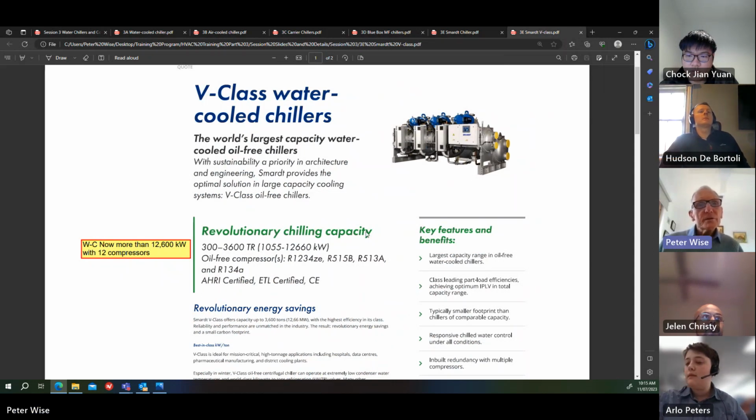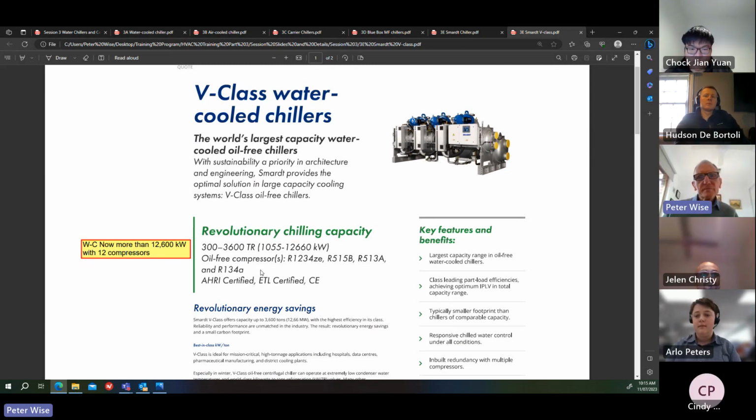Well, I was interested to see this morning, I don't know how long this has been around, but you can now get up to 12,660 kilowatts, and I'm assuming that is 12 compressors of 300 tons each, or about 1,000 kilowatts each. So they're just developing all the time. Various refrigerants are available. So as new refrigerants come on board, they try to make them work in these compressors. So pretty exciting stuff with chiller development.